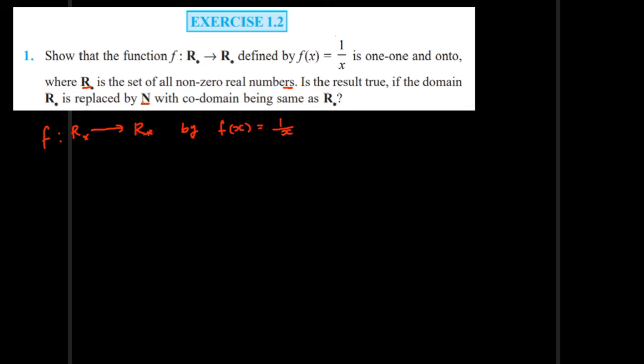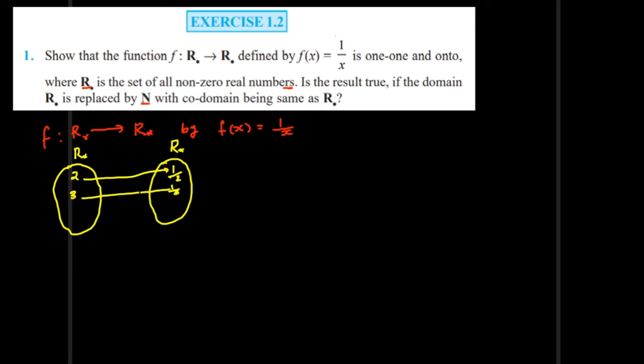Before that, we can draw a diagram like this. Suppose this is R star, and this is again R star. You take the real number 2, then f of 2 is equal to 1 by 2. Then you take 3, that maps to 1 by 3.